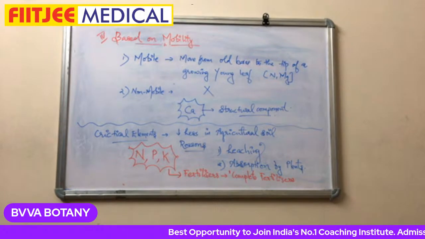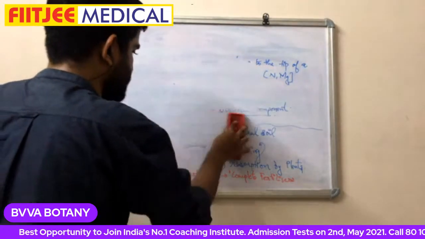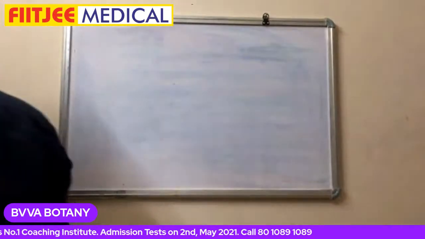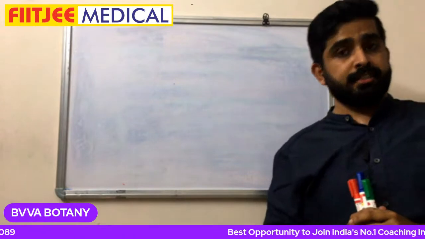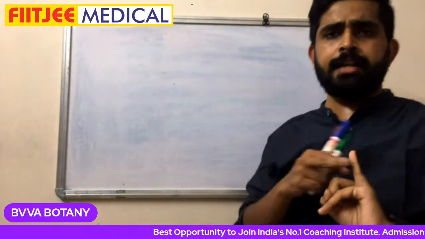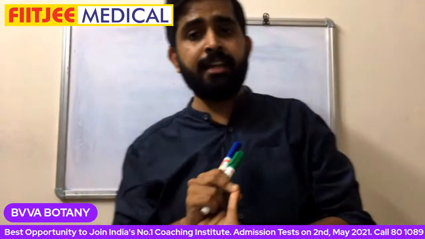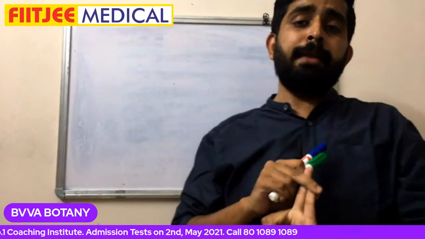Now we will cover the next part. Hope it was clear up to this much. We were discussing the essential elements. We have taken the criteria for essentiality, and based on the criteria of essentiality, we got 17 elements. That 17 elements can be further classified based on certain criteria. Criteria number 1, what was that? It is based on the quantity, how much quantity a plant needs. We have macronutrients and micronutrients. The second one, based on what?